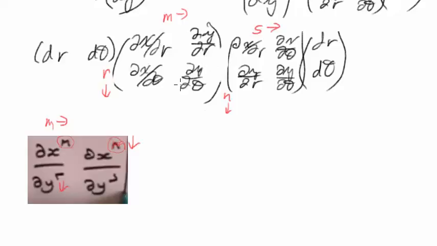So what ends up happening is that since this dr d theta is going to be canceling with these terms here, del x del r times dr plus del x del theta times d theta, I'm going to have another r variable going to the right here, and another s variable going down here, so it'll cancel out del x del r times dr plus del x del theta times d theta. That's the way matrix multiplication typically works.